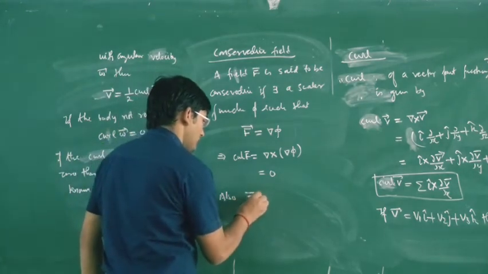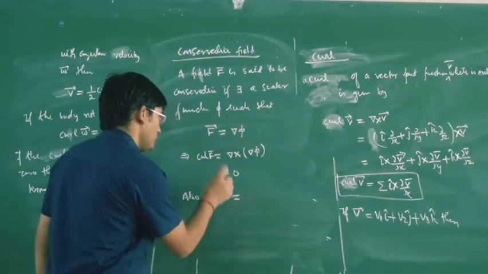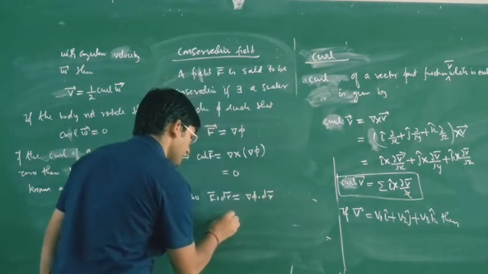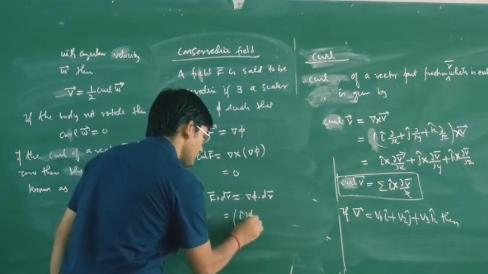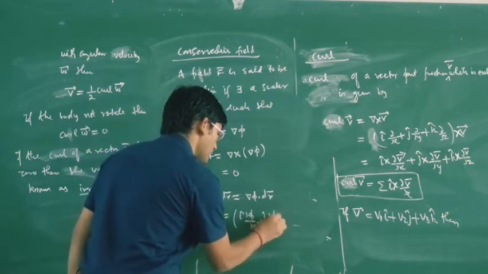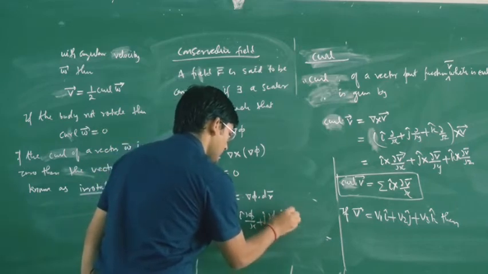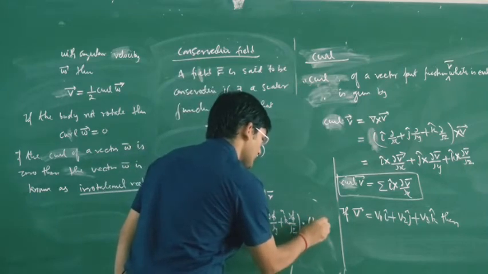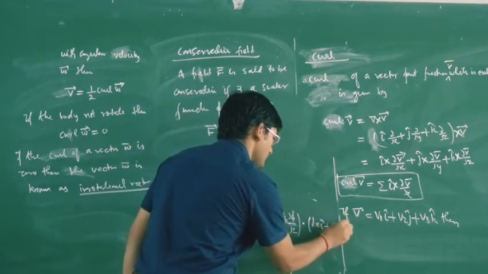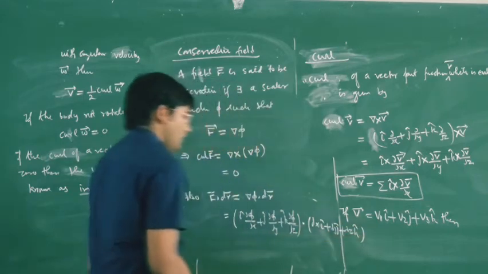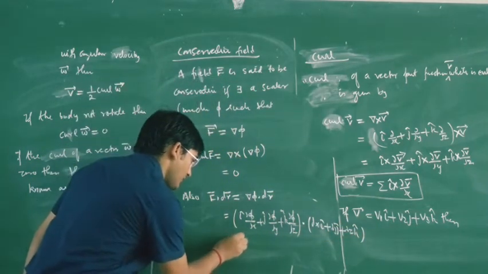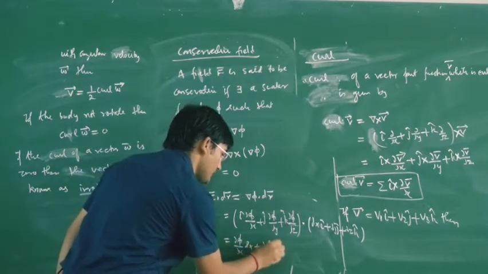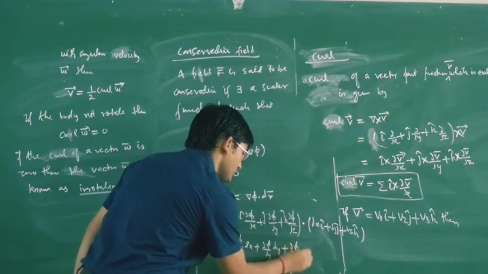So your F dot dr will be equal to, your F is grad phi. So we have grad phi dot dr. Your grad phi is i del phi upon del x plus j del phi upon del y plus k del phi upon del z, and then dot dr is dx i plus dy j plus dz k. Now this is equal to del phi upon del x into dx, then we will have del phi upon del y into dy, then del phi upon del z into dz.